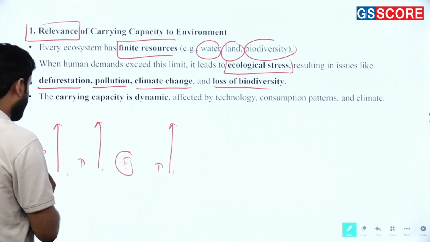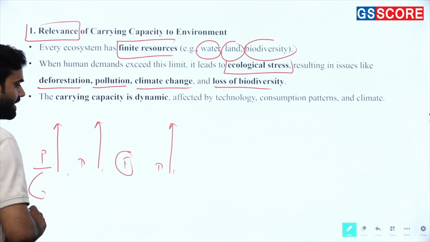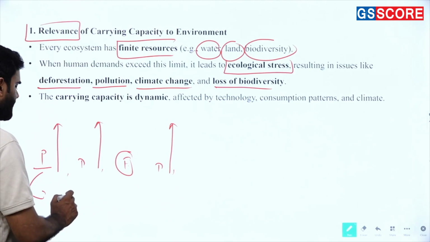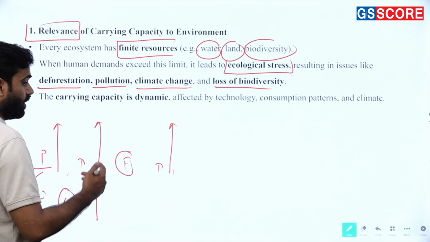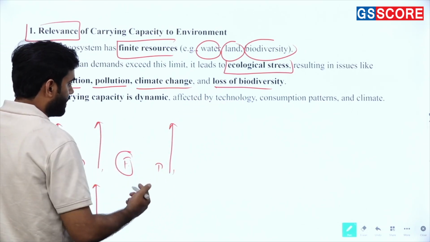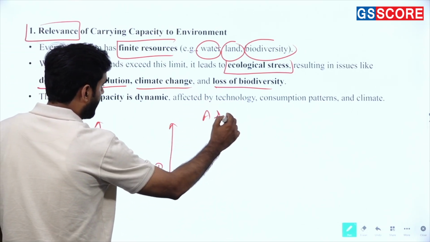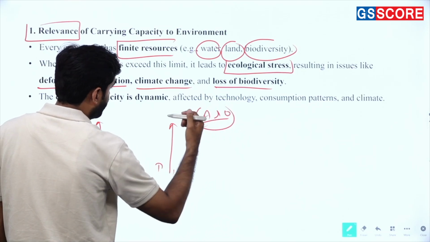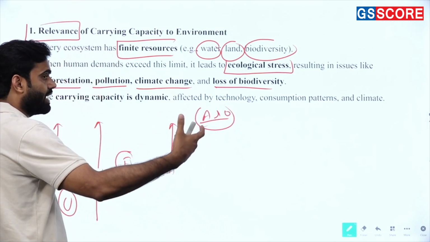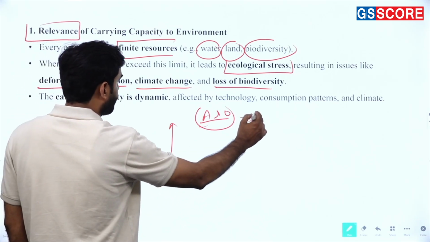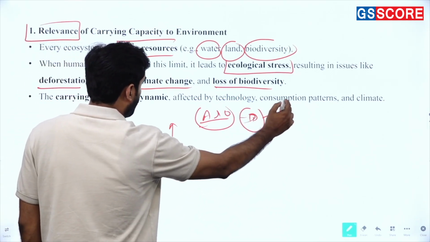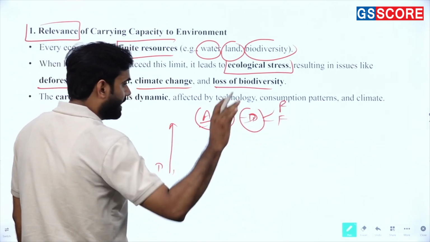And on the other hand, when population increases, they need settlement. Permanent settlement means urbanization. So definitely when urbanization takes place, you will cut the forest again. So expansion of agriculture and urban areas are highly responsible for deforestation. And when deforestation takes place, definitely flora and fauna will decrease.